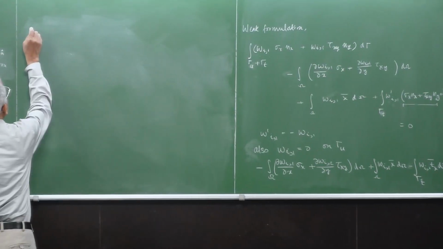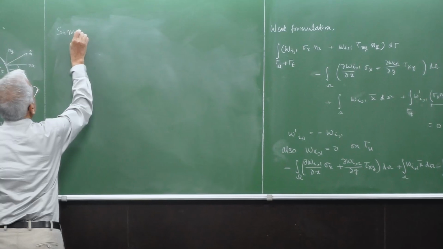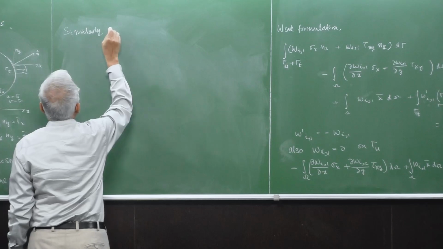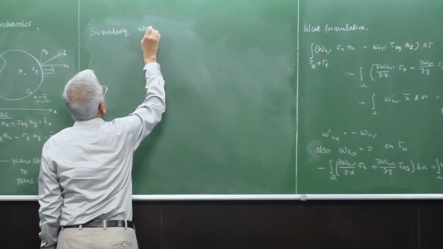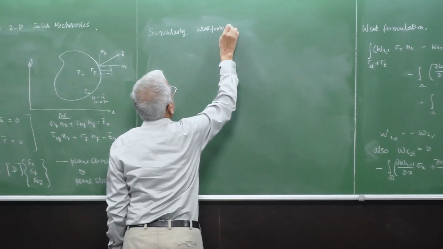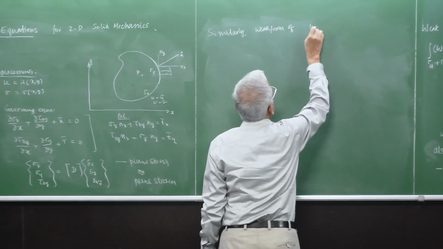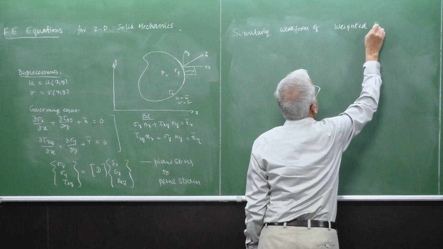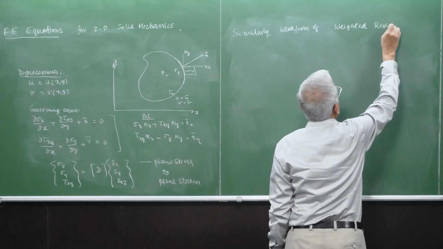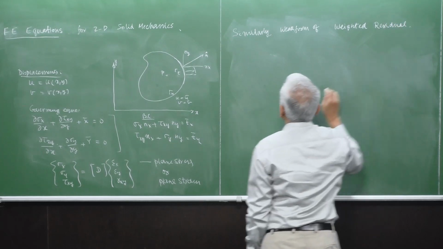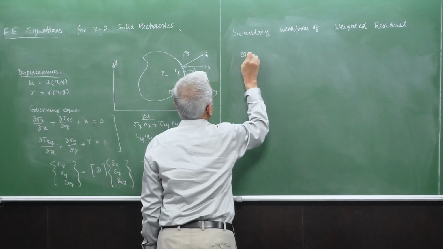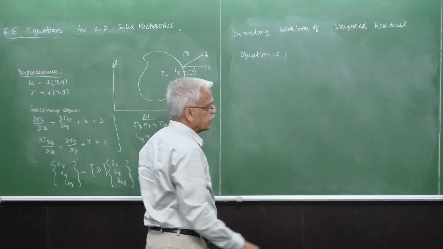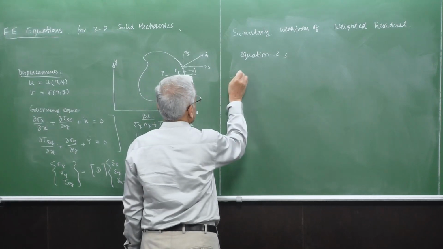Similarly, we can also do it for the second equation. The weak form of the weighted residual equation 2: what we get is very similar to that. I will directly write it.